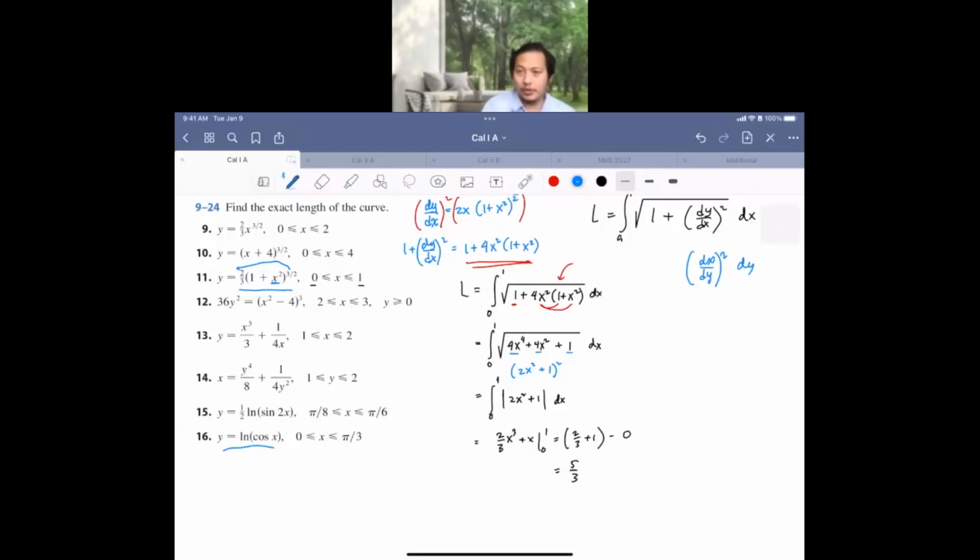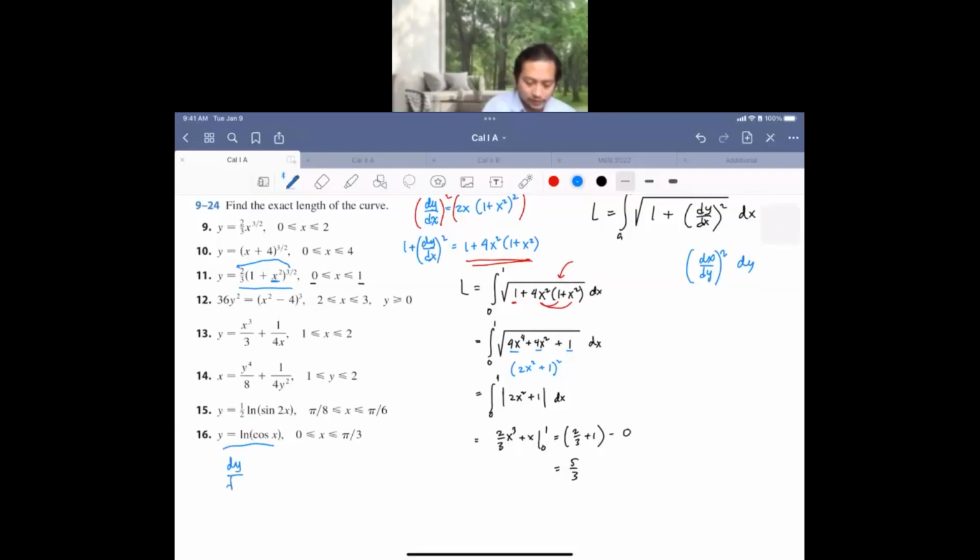First thing, as usual in every arc length calculation, the first step you can do is take the derivative dy over dx. So this will be 1 over cosine x, multiplied with the chain rule of cosine, which is negative sine x. This will be negative tangent x.